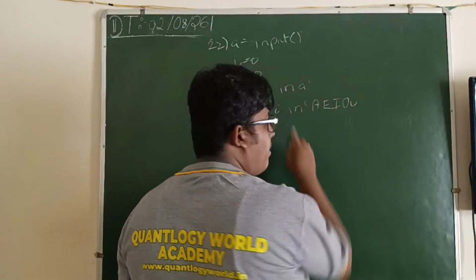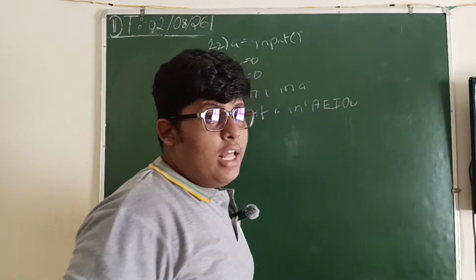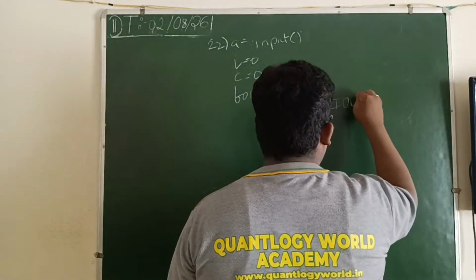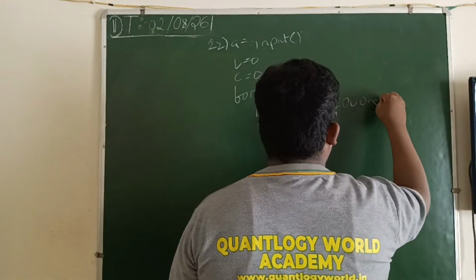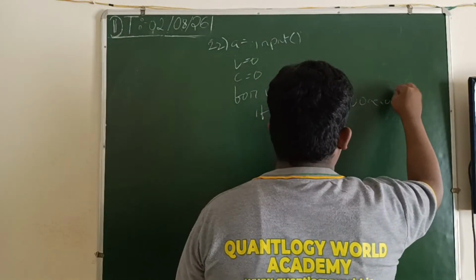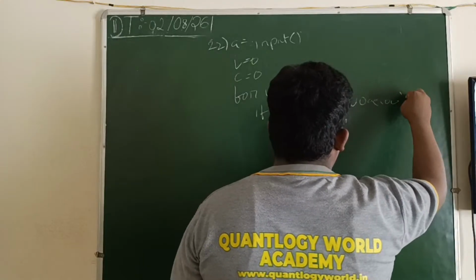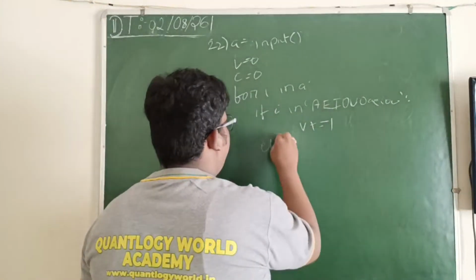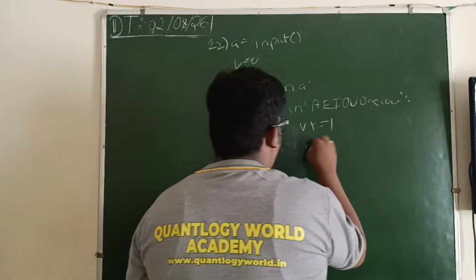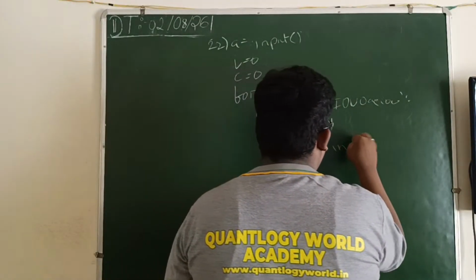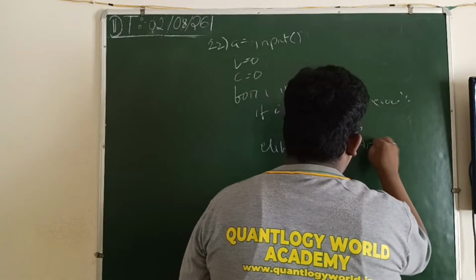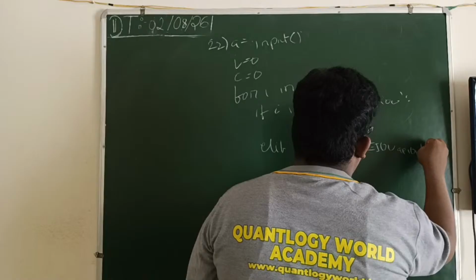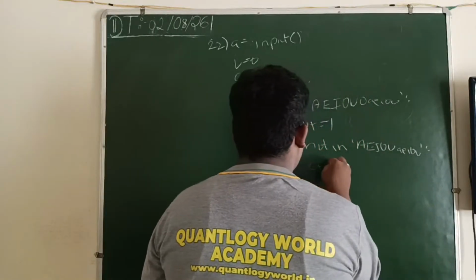For i in a means we are putting the string in a loop. If i in A, E, I, O, U or small a, e, i, o, u, which are the vowels, then b plus equal to 1. If i not in A, E, I, O, U or small a, e, i, o, u, then c plus equal to 1.